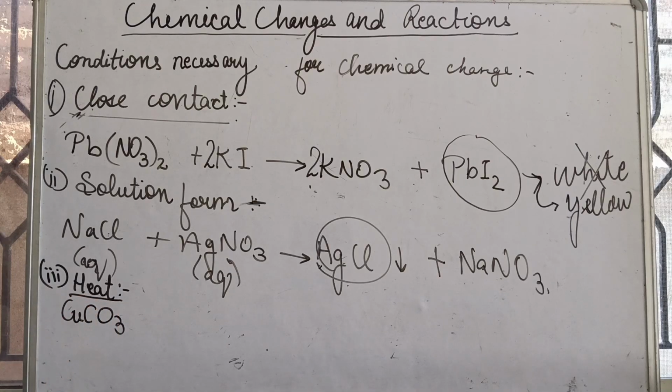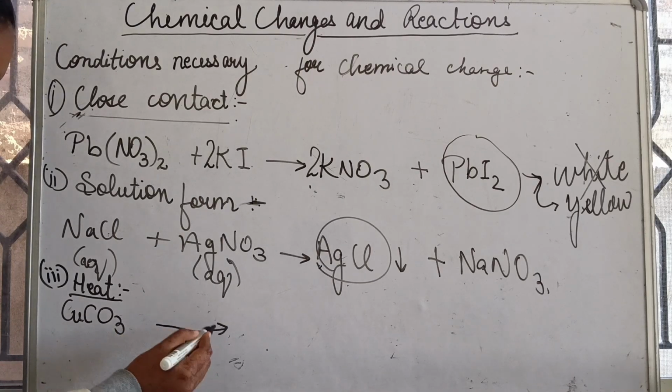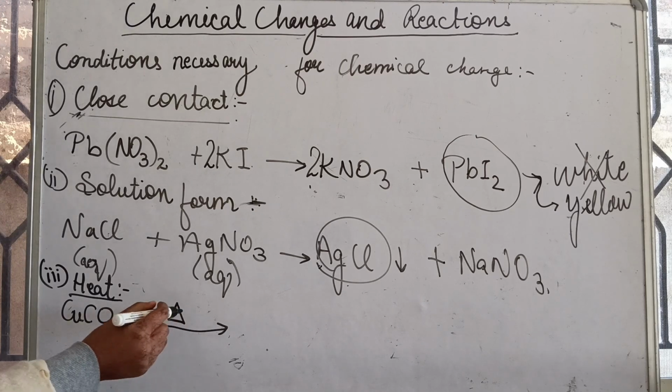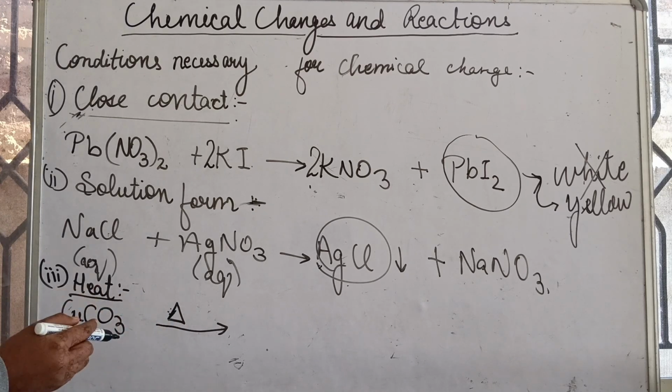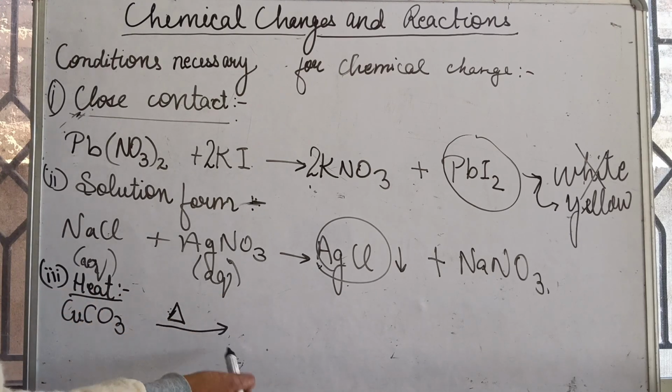CuCO3, copper carbonate. If we take copper carbonate and we want copper oxide and carbon dioxide from this, unless we give heat to it, it will not produce them. So this delta symbol is used for heat, that we are involving heat in this.